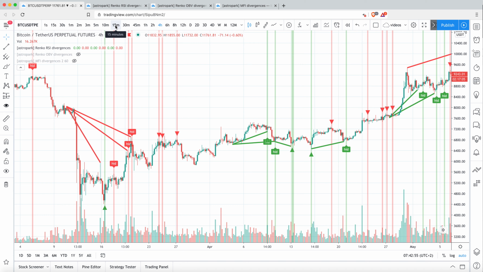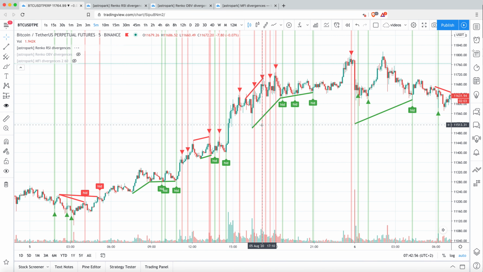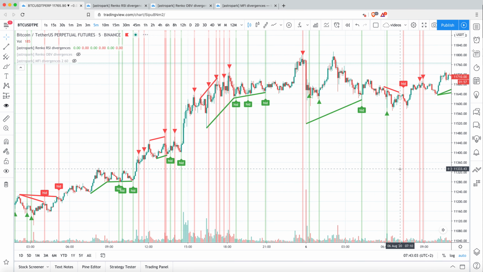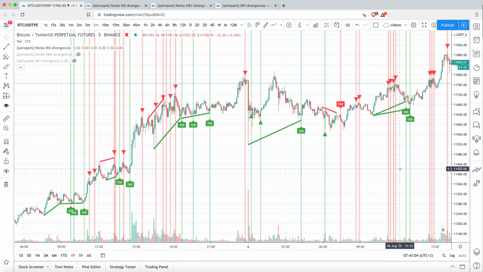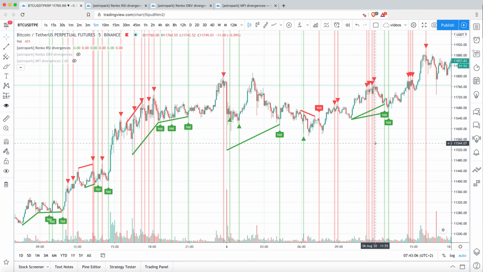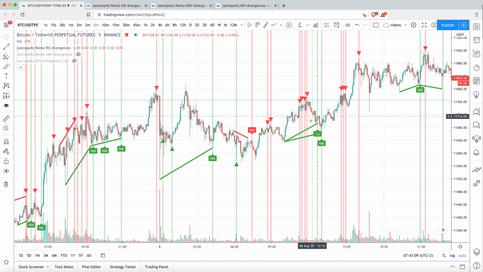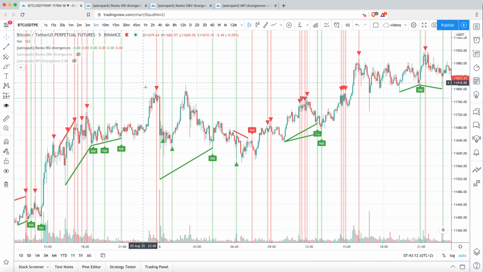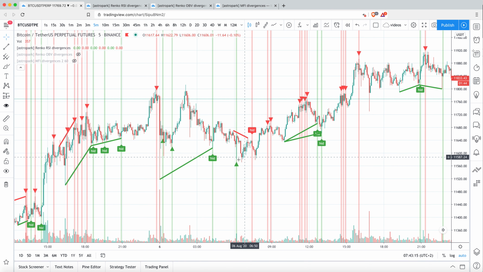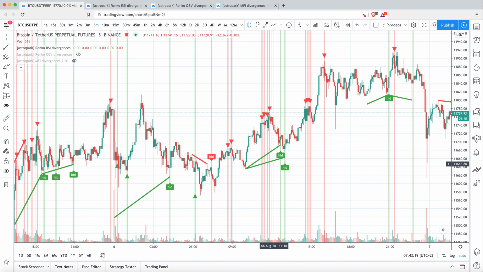If we go on 5 minutes, of course, I expect that sometimes you cannot be sure about the divergence, despite you see a lot of them are really working very nice. Okay, for example, this was not maybe a great signal.